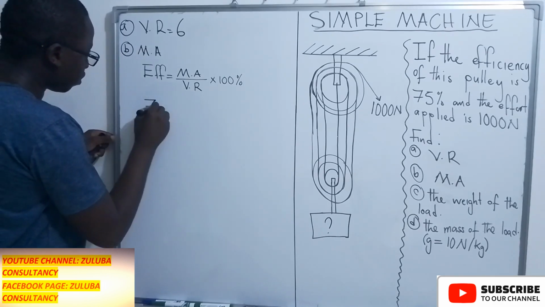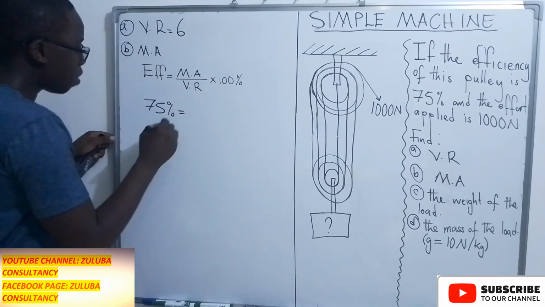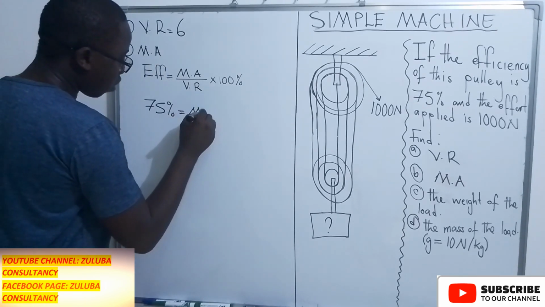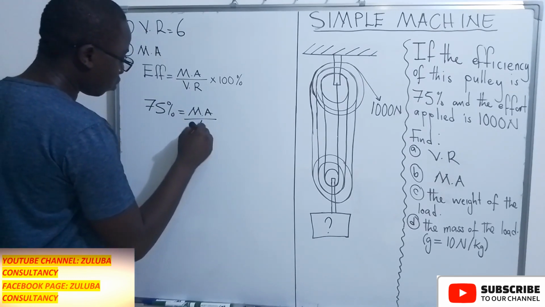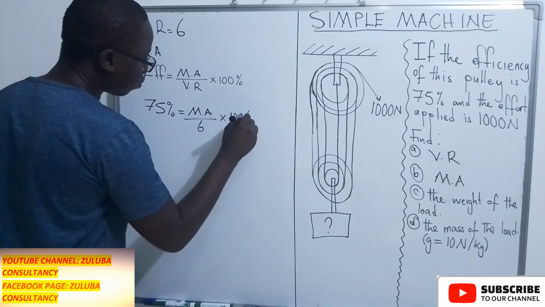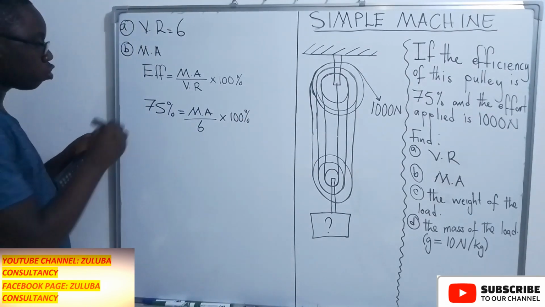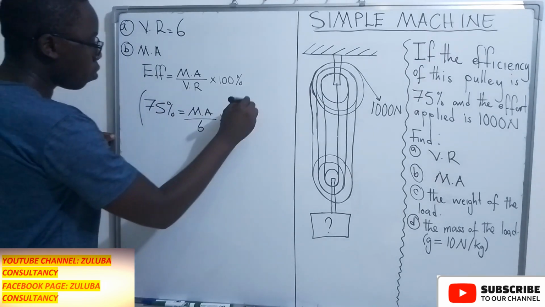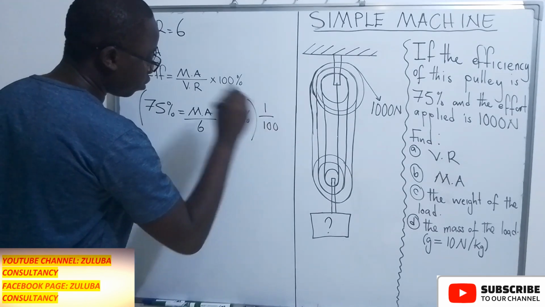So the efficiency, 75%, is equal to the mechanical advantage, that's what we want, divided by the velocity ratio, which is 6, multiplied by 100%. At this point, we can decide to multiply this formula by 1 over 100.